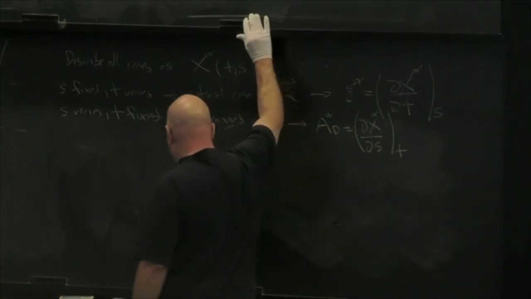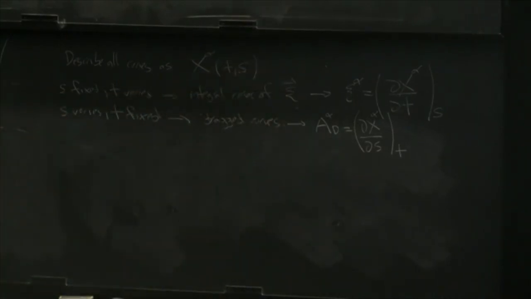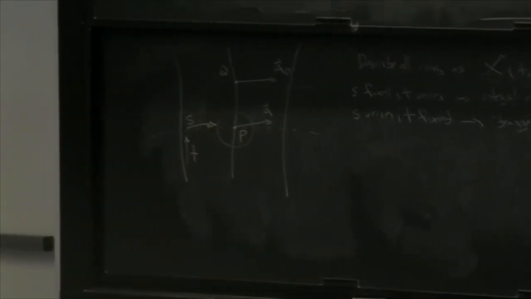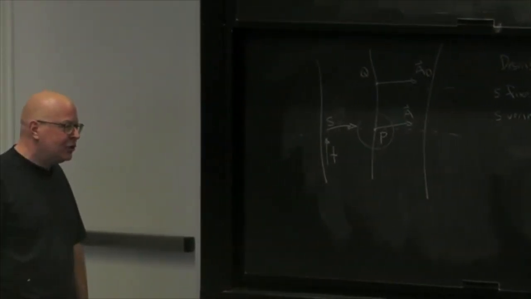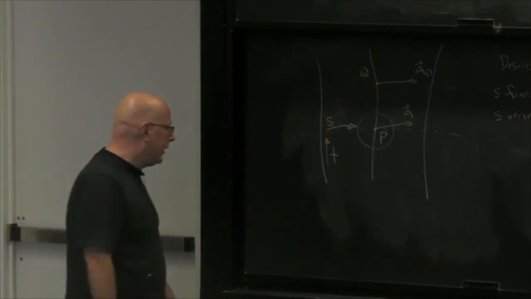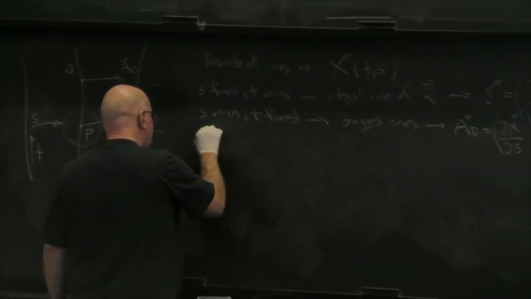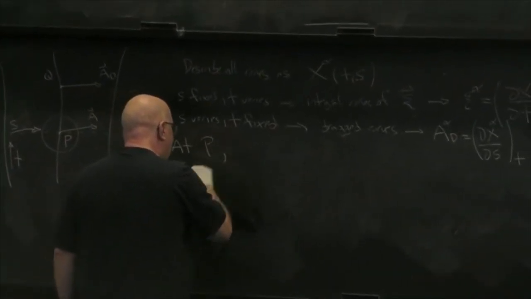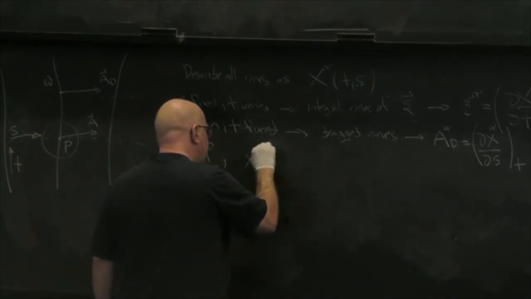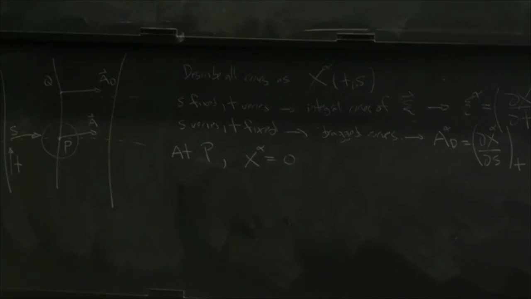Okay, so I'm going to be working in a neighborhood around P. And we don't have to go very far because we're doing derivatives. So I'm going to introduce a local description of what's going on there in the simplest terms that I can. So at P, I'm going to work in a coordinate system such that that's going to be the origin of the coordinate system.